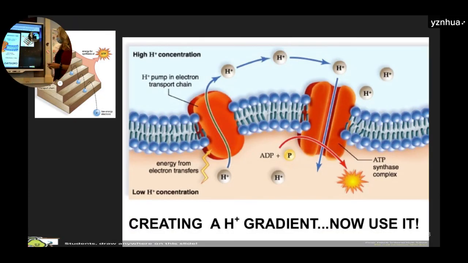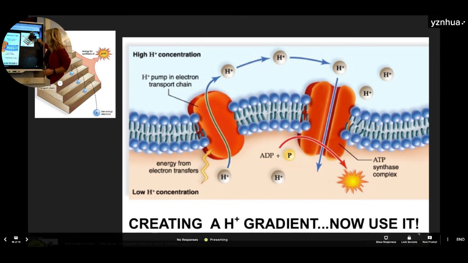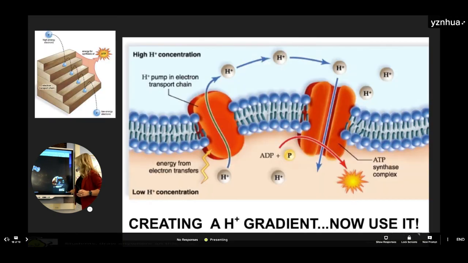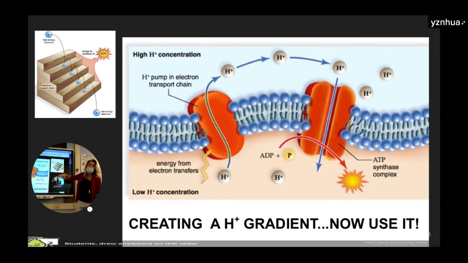Okay, this one right here was giving you the example of an electron transport chain. And so you're passing those electrons along, and when you pass those electrons along, is it 100% transfer?